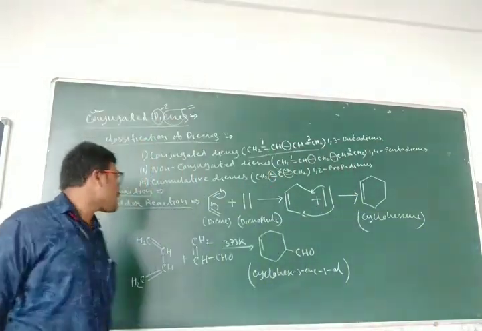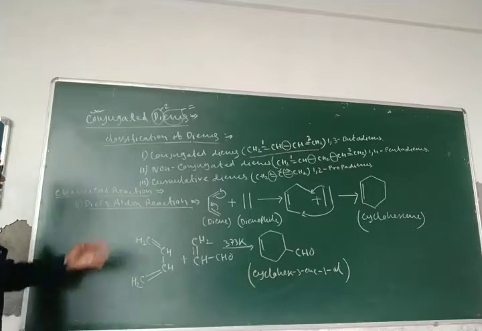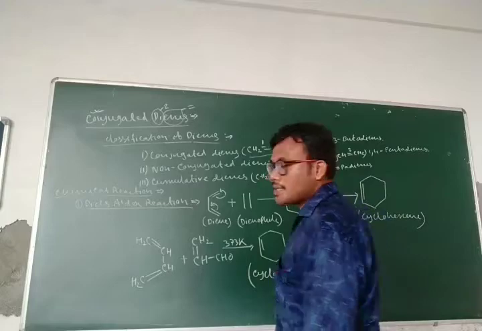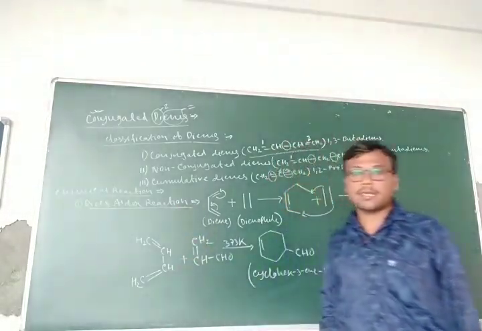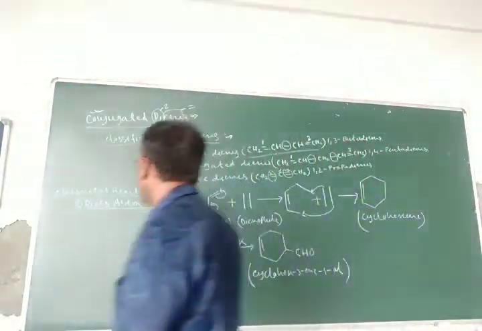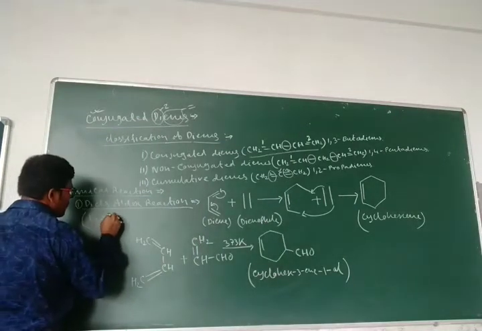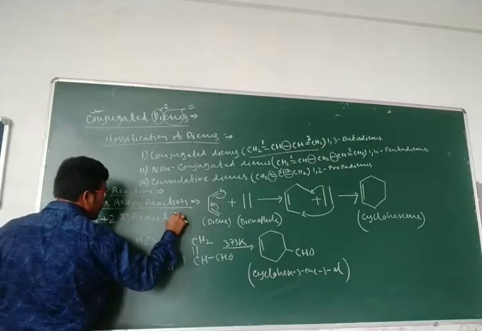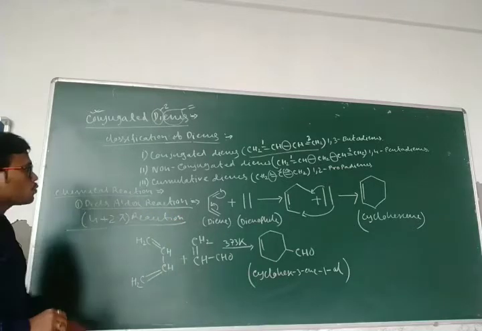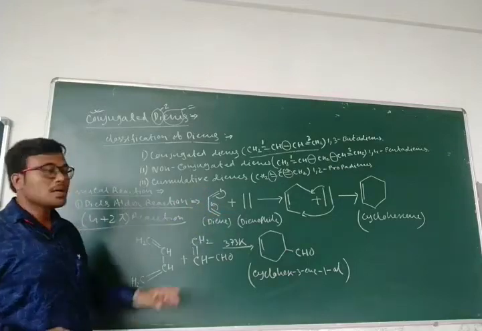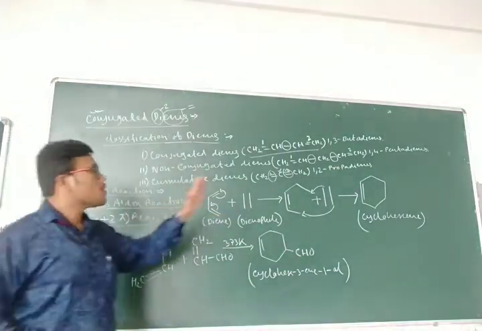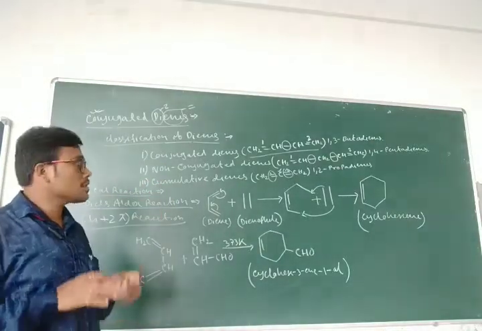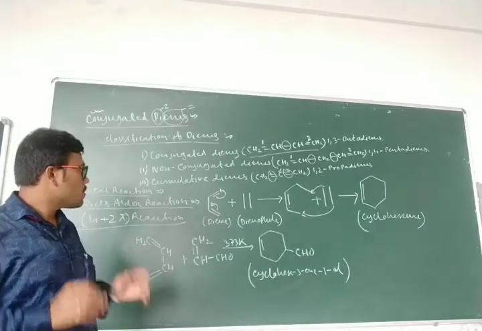Now come to the chemical reactions of conjugated dienes. The first reaction is the Diels-Alder reaction, also known as the 4+2 reaction. In this reaction, two double-bonded compounds react with each other and produce a closed-chain carbon compound, or cyclic compound.